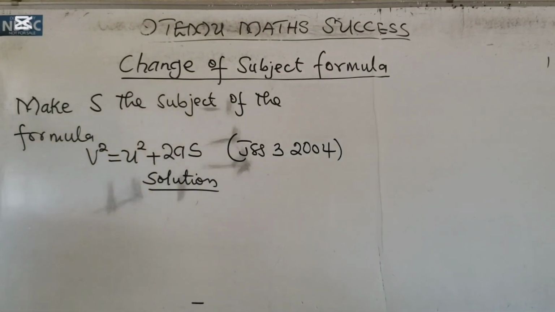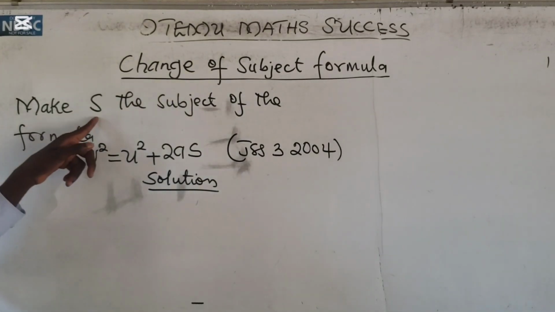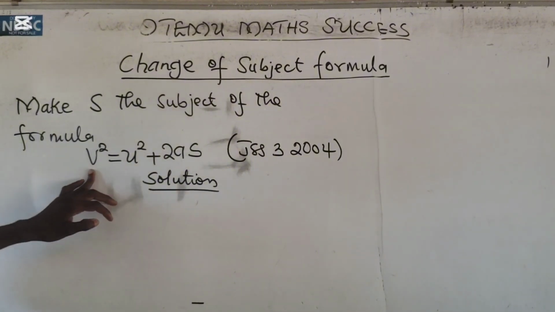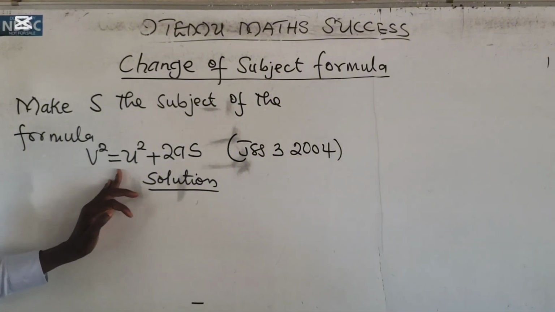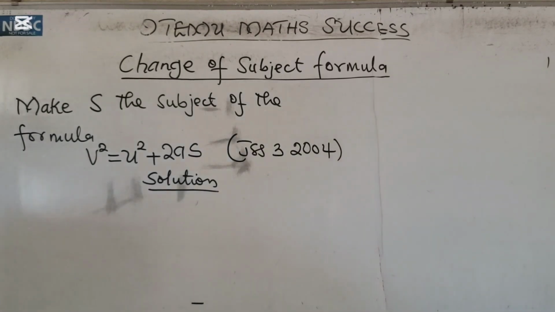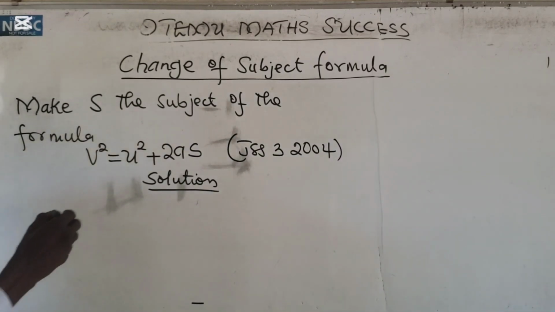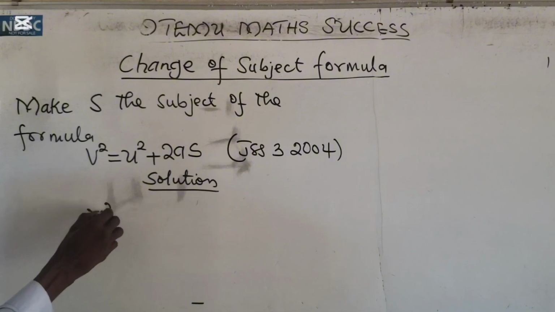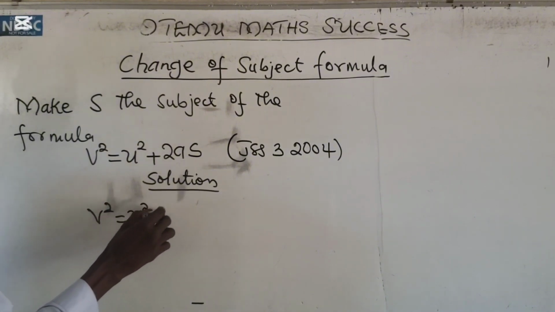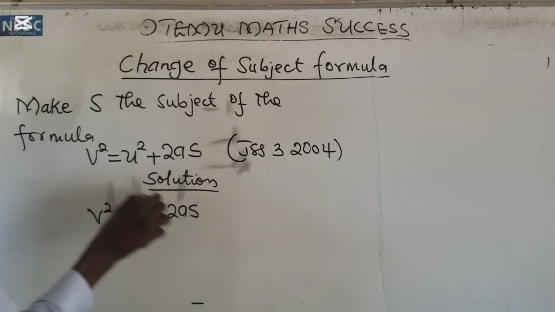Okay, look at this JAMB question. Make s the subject of the formula v squared is equal to u squared plus 2as, JAMB 2004.